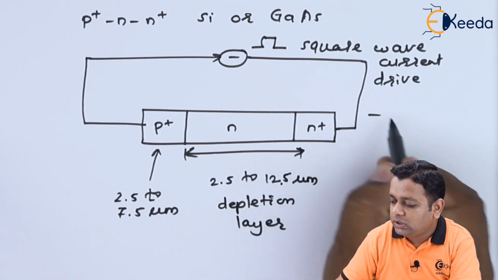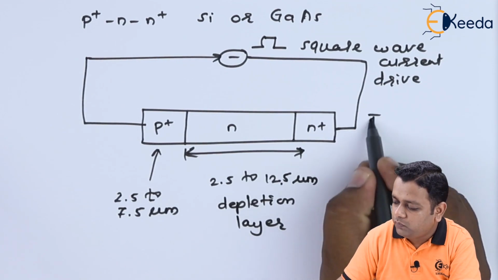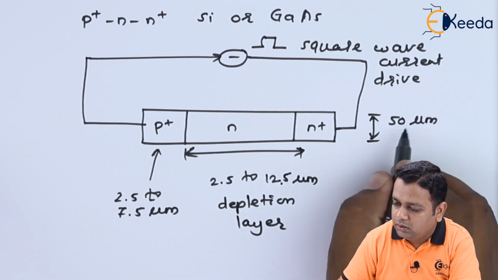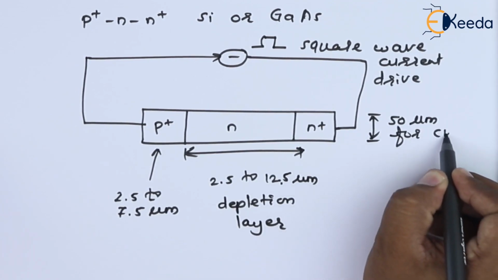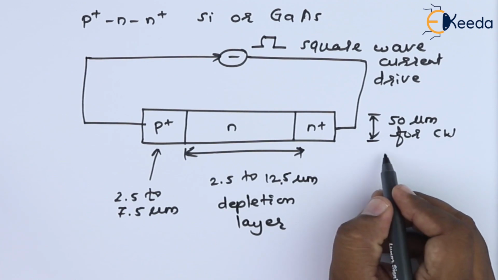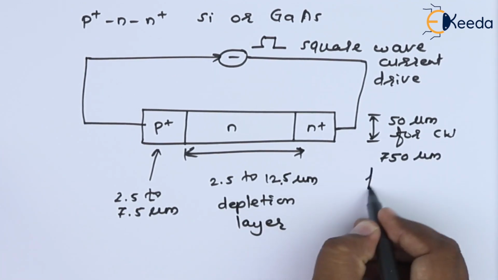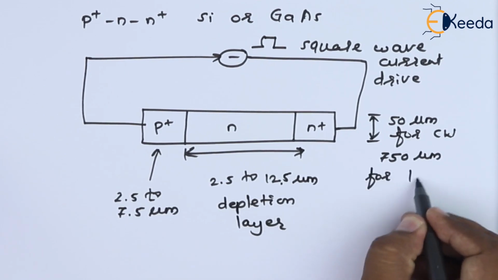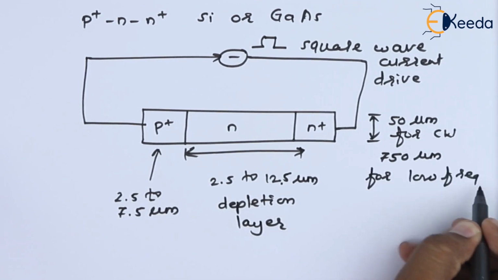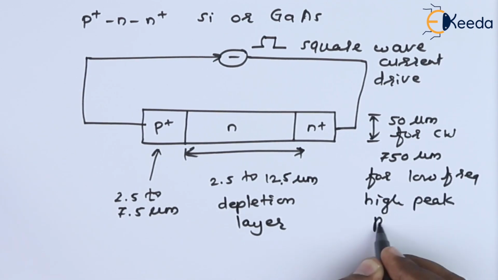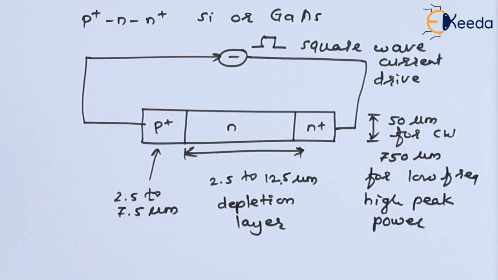And the cross-sectional dimension can be 50 micrometers for continuous wave operation, or it may be 750 micrometers for operation in the low frequency mode having high peak power. So this is the generalized structure we can consider for the TRAPATT diode.